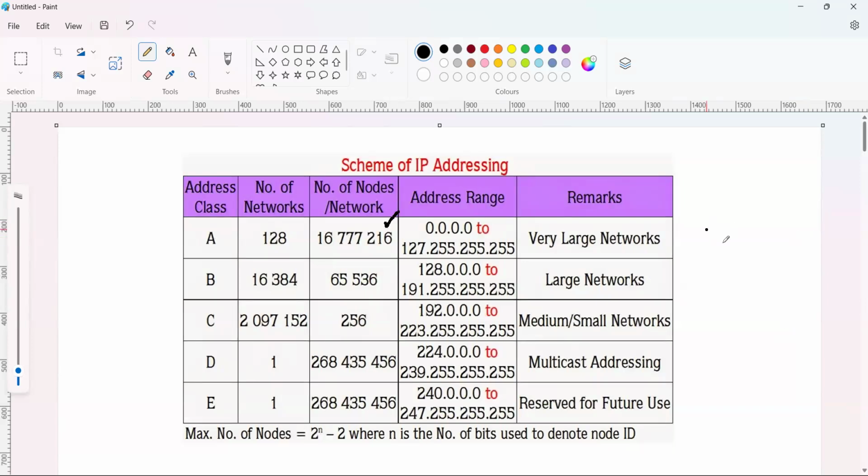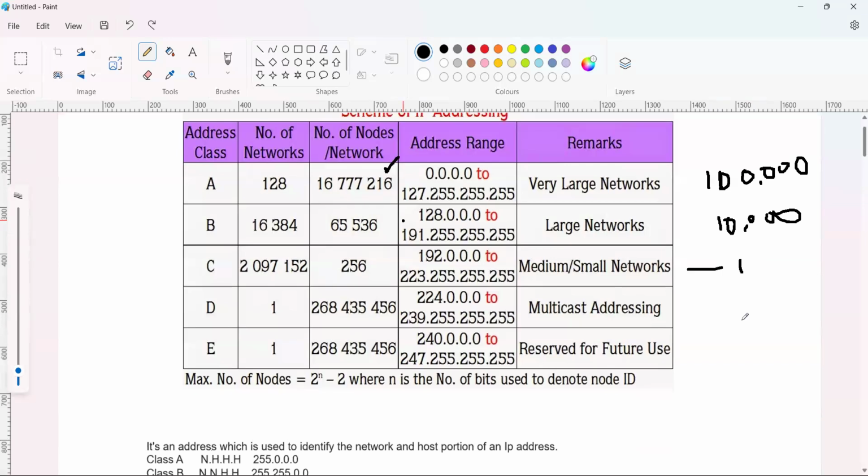If you need 1 lakh hosts, then you can use class A. If you need 10,000 IP addresses, then we have class B. And if you need only around 100 IP addresses, then you have class C. We take one large network and divide it into smaller parts. That is the main concept of subnetting.